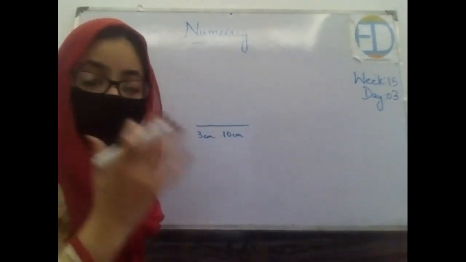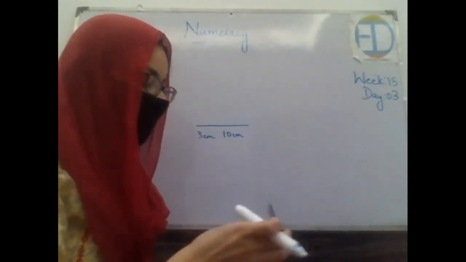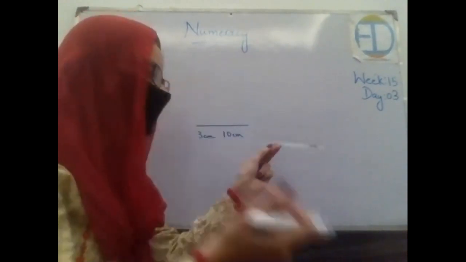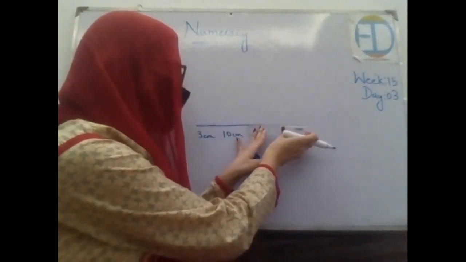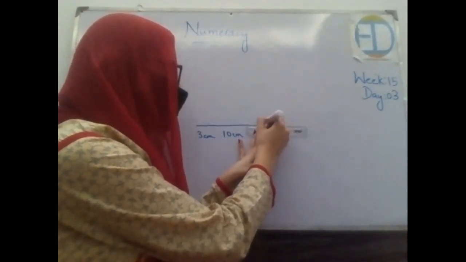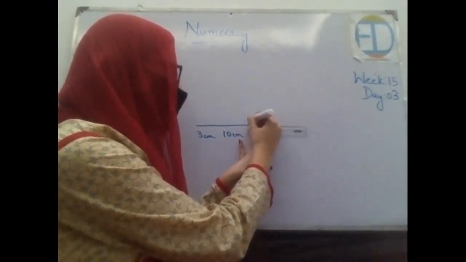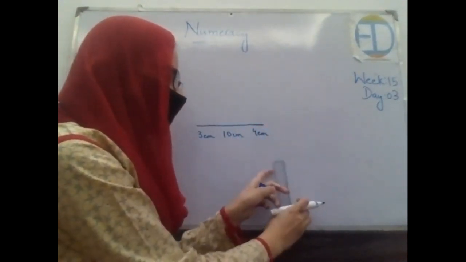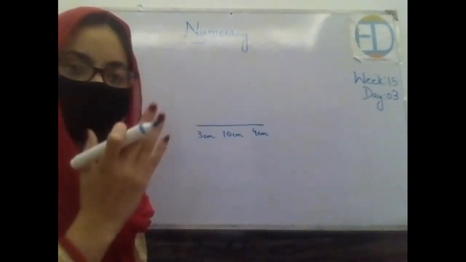Now, if I ask you to continue and start from the ending point of 10 centimeter and draw a line of 4 centimeter more, you will put your ruler again on the ending point of 10 centimeter and put another mark on 4. Now join these two dots. So this is a line of 4 centimeter. Now I want you to add these three lengths.